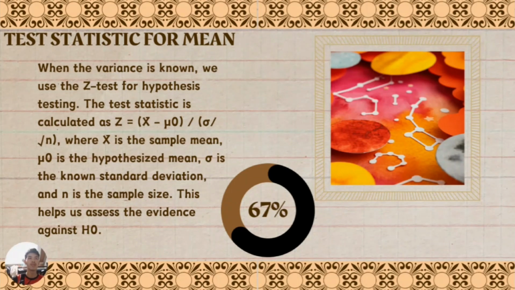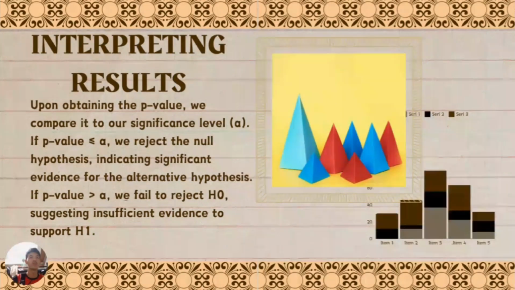The test statistic is calculated as z equals x-bar minus mu-zero, divided by sigma over the square root of n, where x-bar is the sample mean, mu-zero is the null hypothesis mean, sigma is the known standard deviation, and n is the sample size. This helps us assess the evidence against H0.